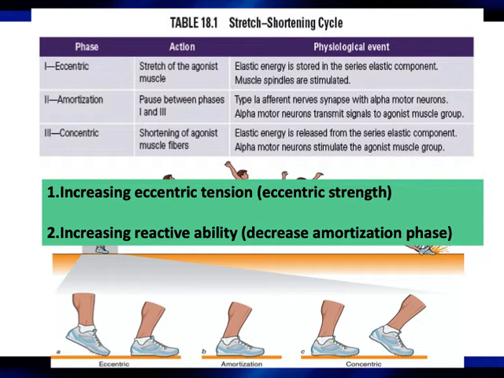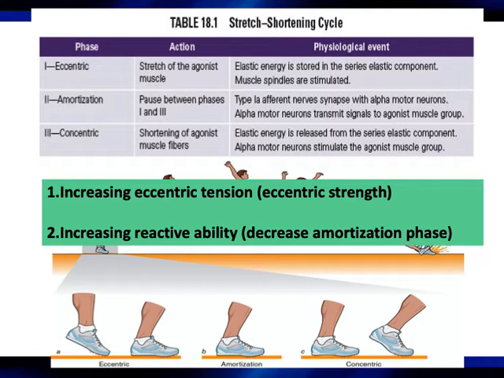In 1966, Yuri Verkhoshansky, a Soviet jumping coach, observed that jumpers with the shortest amount of ground contact time, which is the amortization phase, displayed the greatest jumping performance. So improvements can be made in jumping performance by increasing the amount of tension the athlete can generate during the eccentric contraction, and by improving the reactive ability of muscles in switching from the eccentric to the concentric phase.